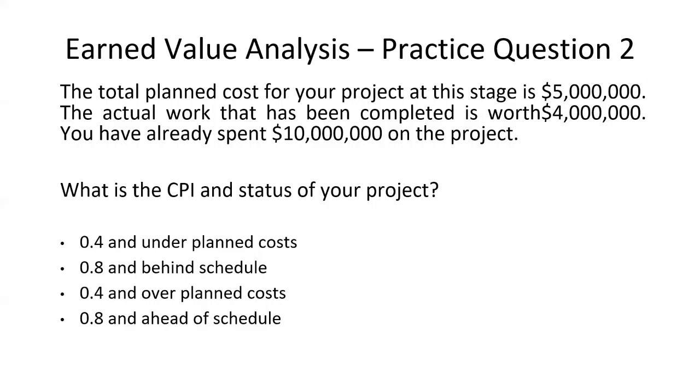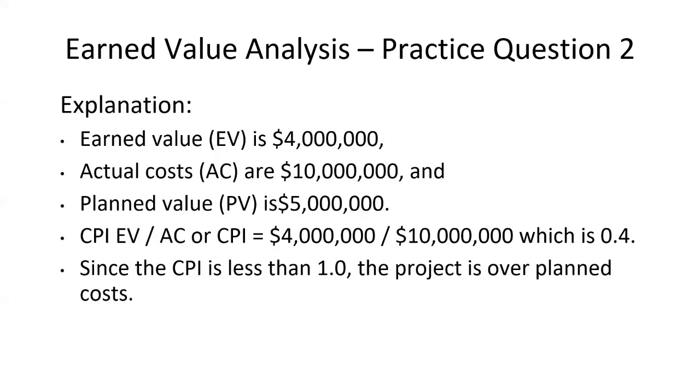Again, you can pause your video here and do this question yourself, but I'll move ahead with the solution. So the earned value is 4 million. The actual cost is 10 million, and the planned value is 5 million. To calculate CPI, you do not need planned value. You just need EV upon AC, which is 4 upon 10, which is 0.4.